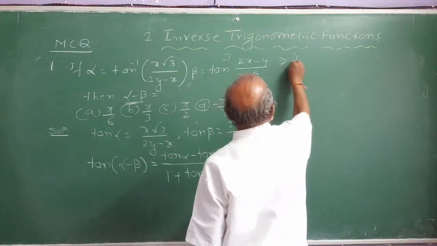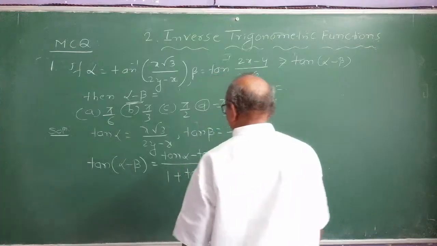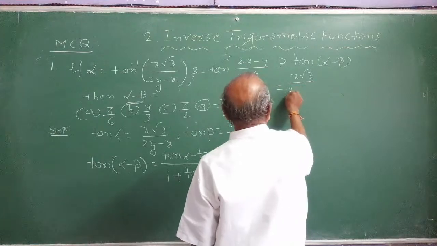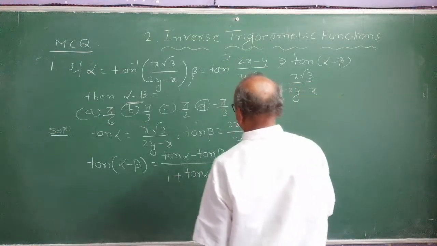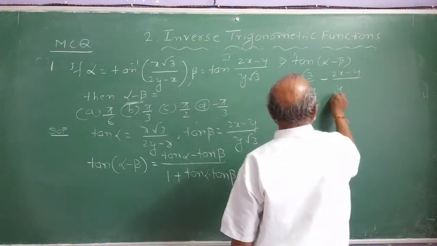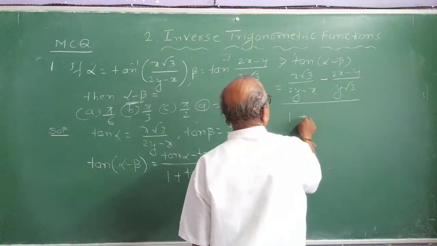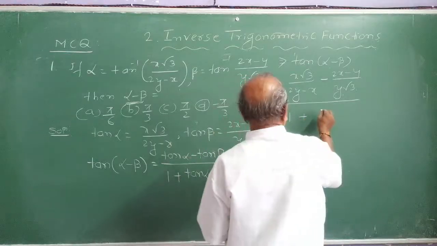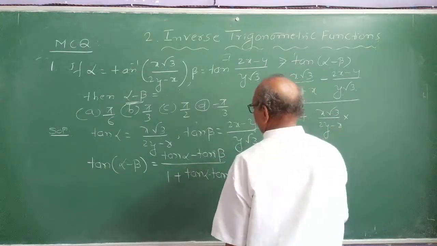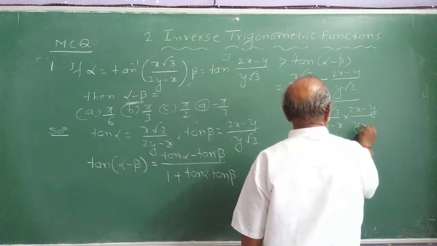That implies tan alpha minus beta is equal to x root 3 divided by 2y minus x minus tan beta, that is 2x minus y divided by y root 3, whole divided by 1 plus tan alpha, x root 3 upon 2y minus x, into tan beta, 2x minus y upon y root 3.